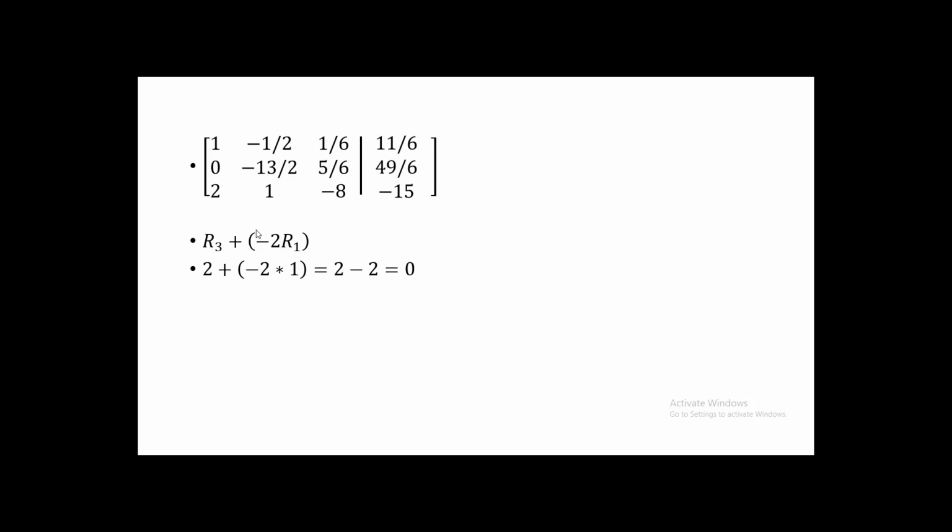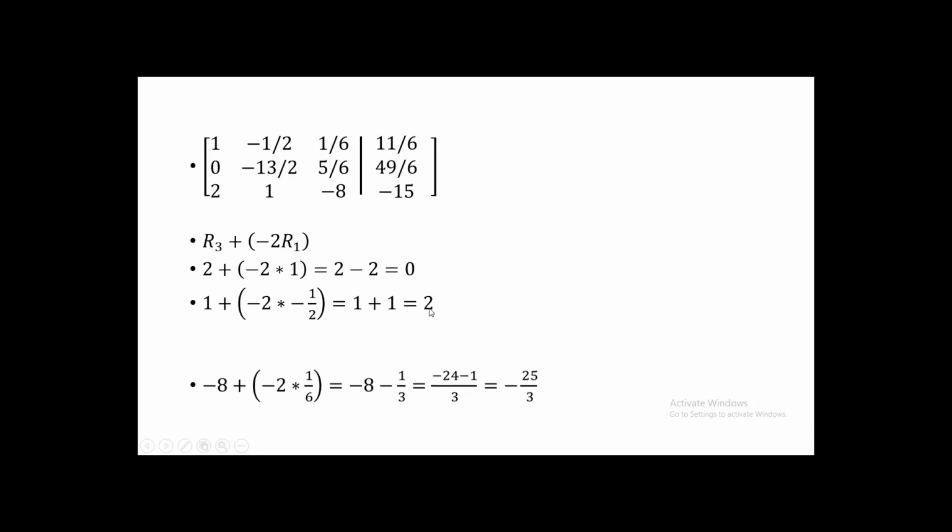And now here you can see what I have done: 2 plus minus 2 times 1 is equal to 2 minus 2 equal to 0. Then 1 plus minus 2 into minus 1 by 2, where minus 1 by 2 came from R1, is equal to 1 plus 1, which is equal to 2.